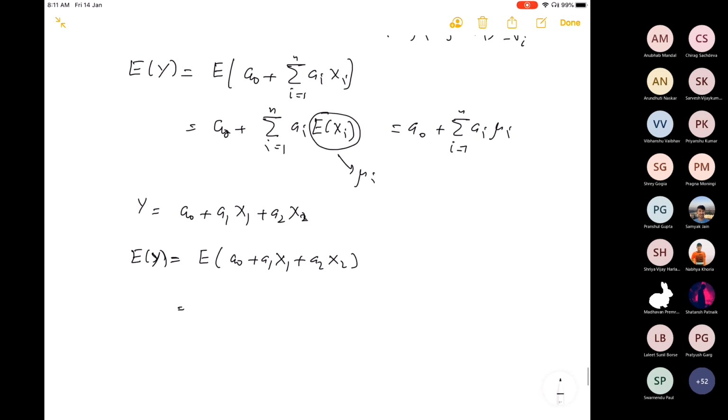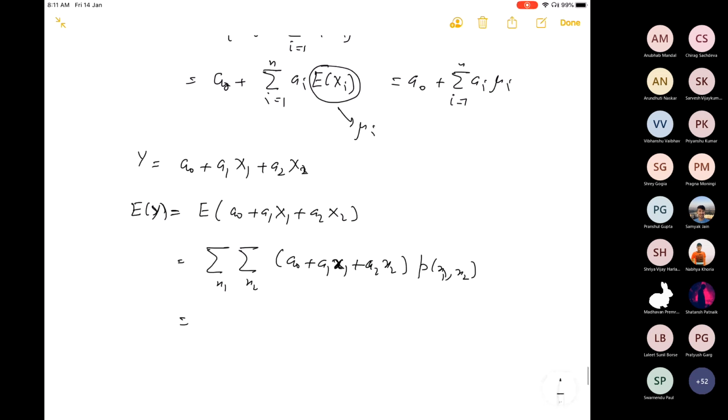So therefore this will be, let me take x1, x2 as discrete. Then the double summation over x1, x2 of a naught plus a1 x1 plus a2 x2 into the joint density of x1, x2.